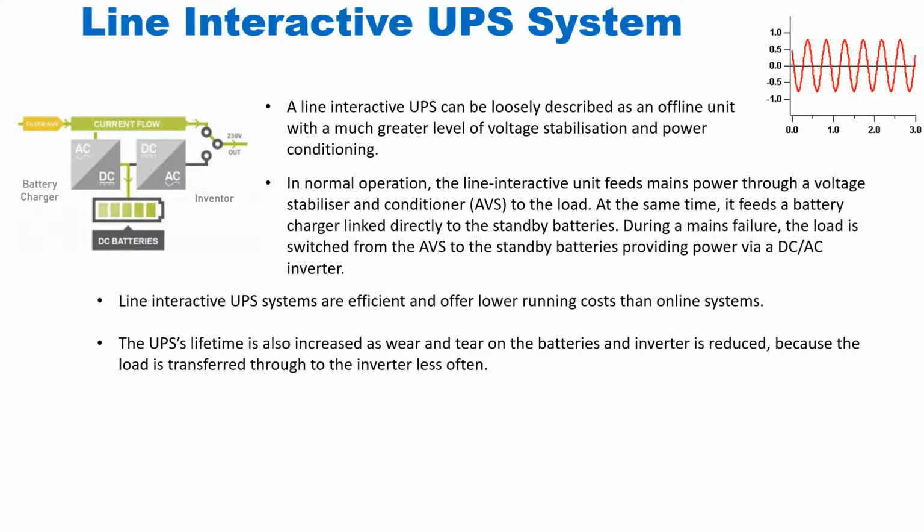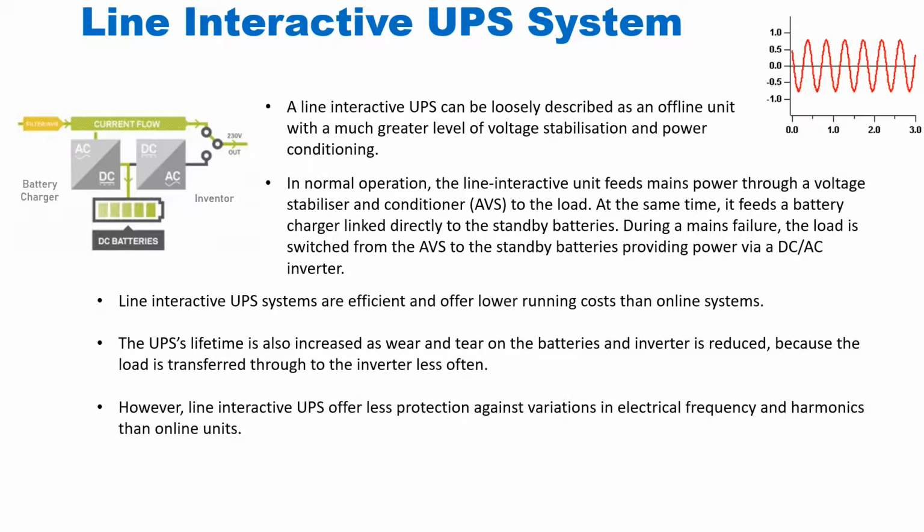So even though it's better than an offline, and the wear and tear is less, and the life of the battery is better, and the inverter is better in case of a line interrupt than the online or double conversion, it doesn't offer protection against variation in electrical frequency or harmonics.